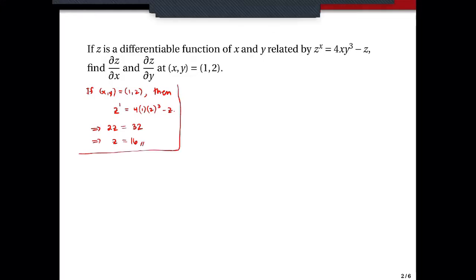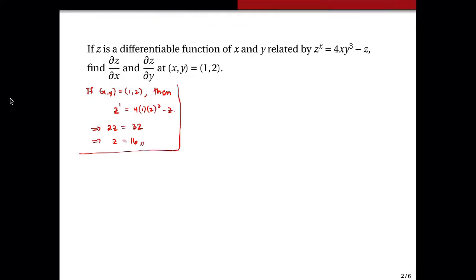Now, let's go and find the partial derivatives of z with respect to x and with respect to y. So let's start with finding the partial derivative of z with respect to x. In this case, we take y as constant. Now, we have this relation here: z to the x equals 4xy cubed minus z.